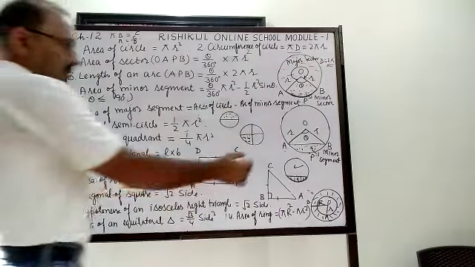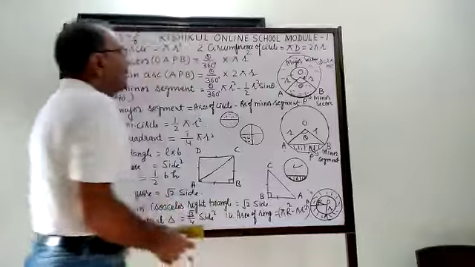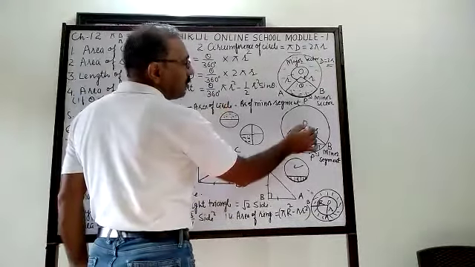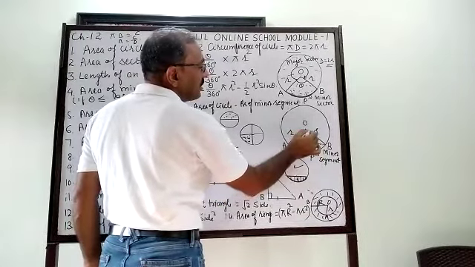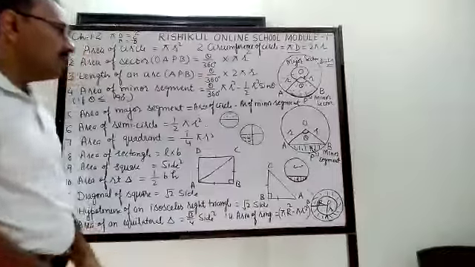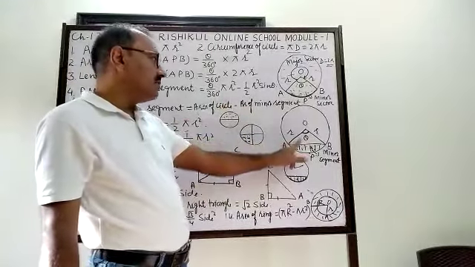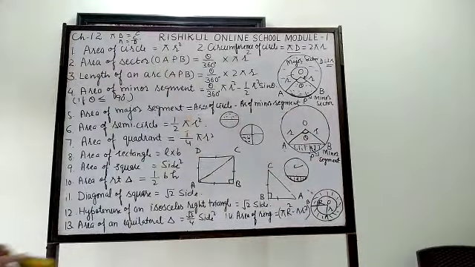Okay, the area of this segment you can find as theta upon 360 pi r square, which means the area of sector OAPB, minus the area of this triangle OAB. Or you can also write area of sector minus area of triangle OAB. Clear?